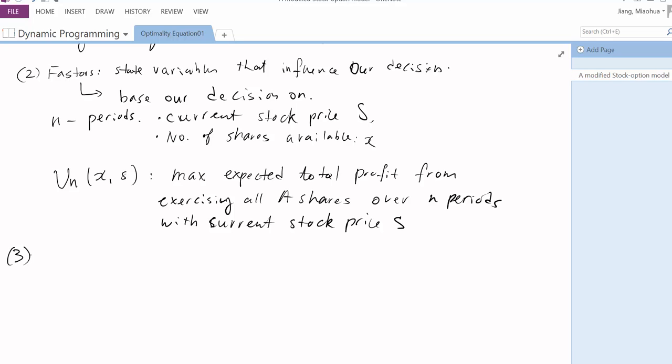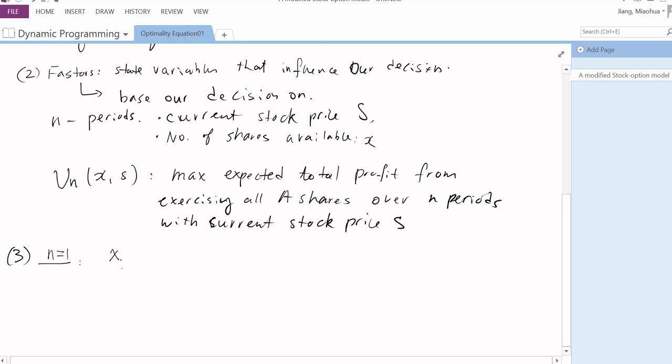Now, to set up the optimality equation, we choose one action and then optimize over all possible actions available to us. So what we do is the following. Let's say n is equal to 1. That's the last day, the only period we have the right to exercise the stock option, and assuming that we have X shares.